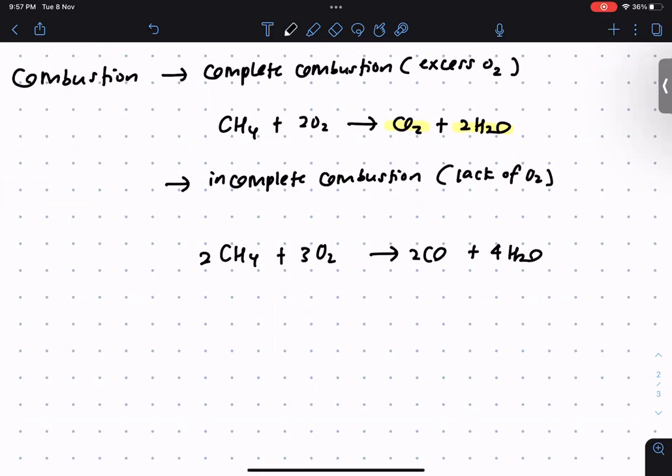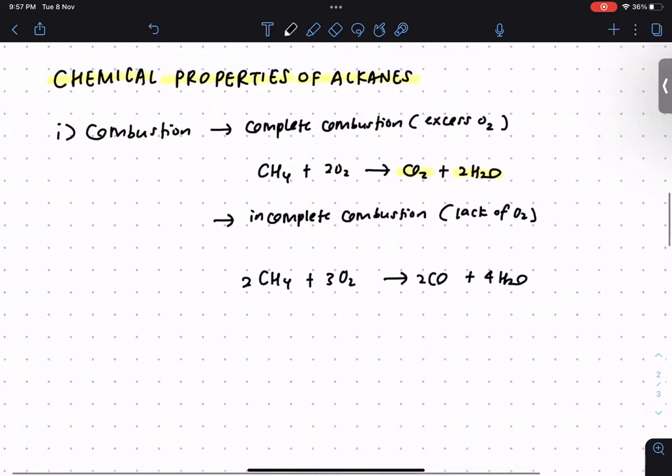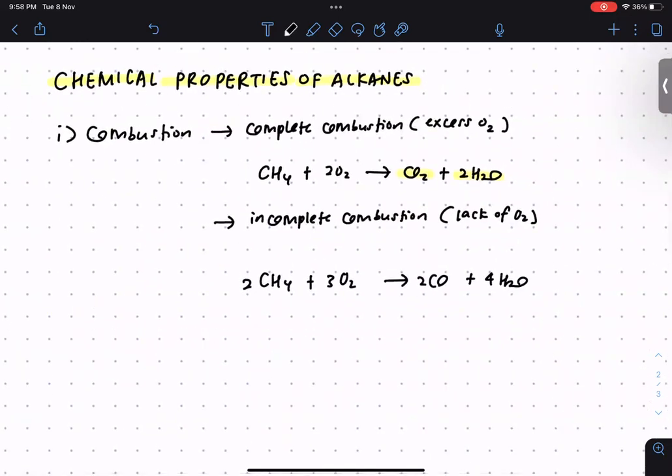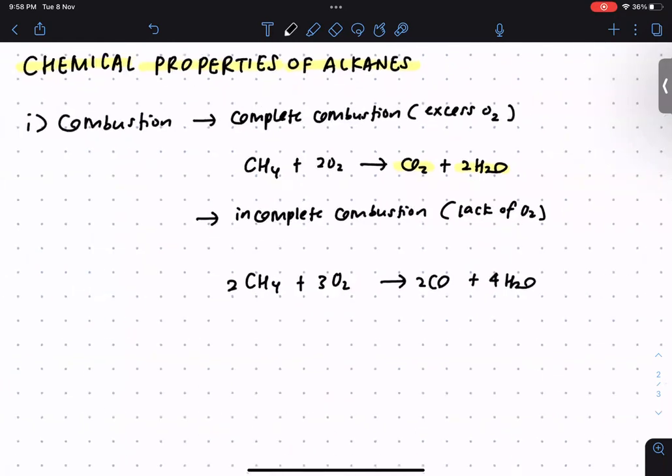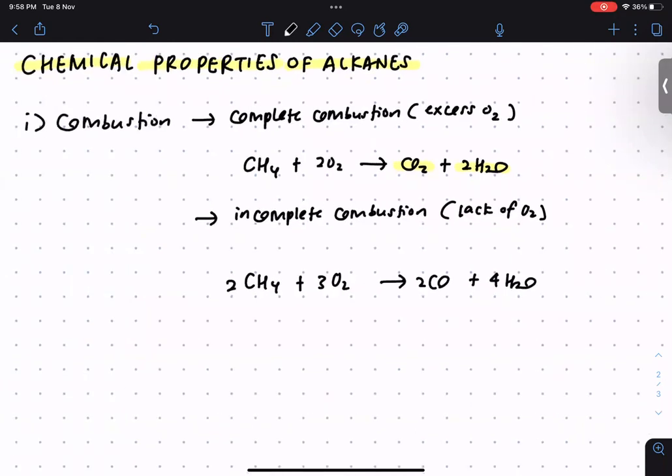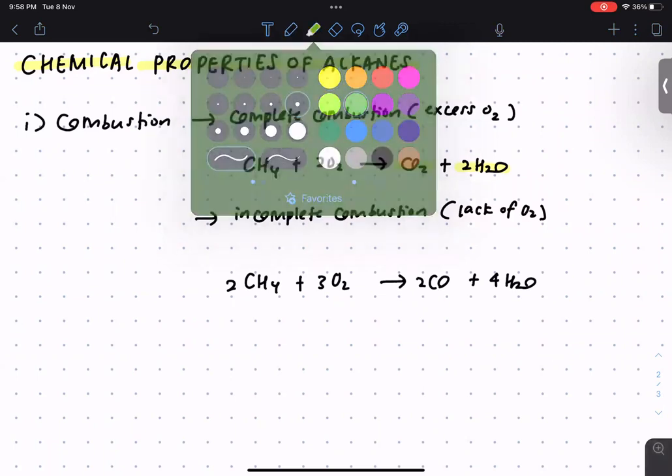Okay, carbon monoxide. So remember, I got either complete combustion or incomplete combustion.